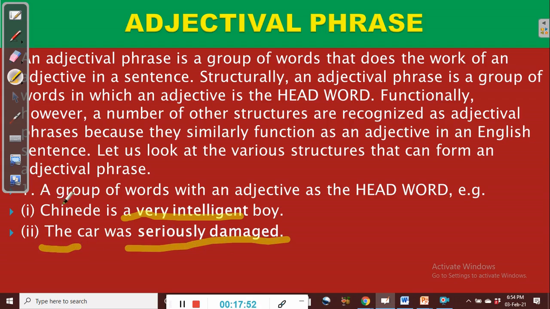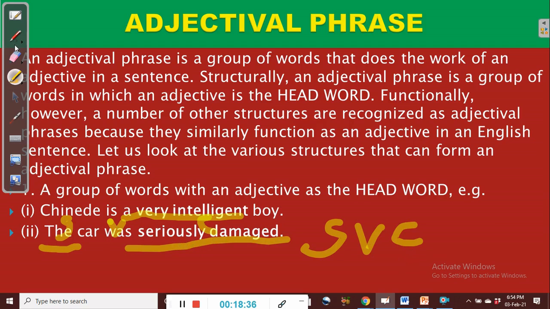The car is the subject, "was" functions as the verb, and "seriously damaged" functions as the complement. So we have a sentence with the SVC structure, the noun phrase functioning as the subject, the verb occupying its position, and "seriously damaged" functioning as the complement. So you can see that another function of the adjective phrase is complement.